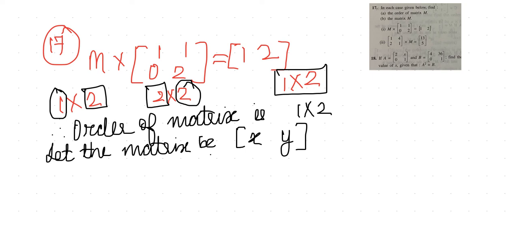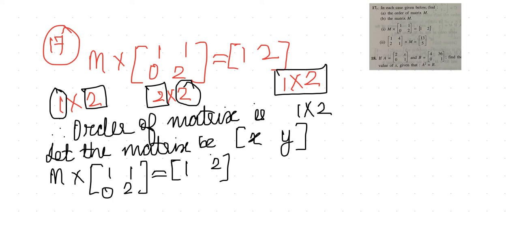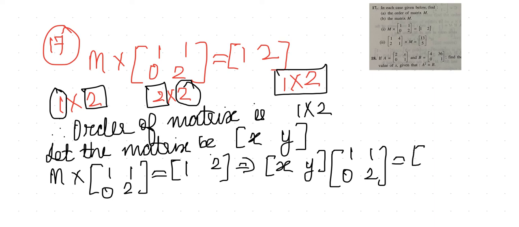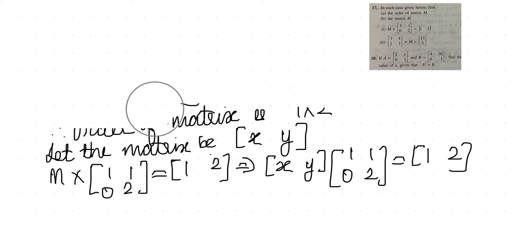Now they have given M multiplied by [[1,0],[1,2]] is equal to [1, 2]. So we'll just replace the values. Write down: this implies [X, Y], and when this is multiplied with [[1,0],[1,2]] is equal to [1, 2].